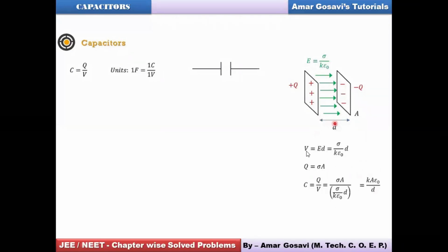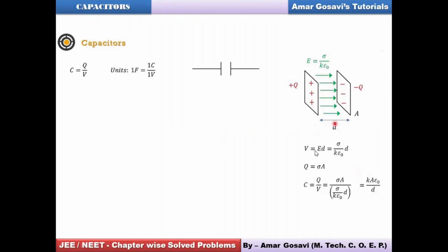There is a relation between the potential and electric intensity. We have studied that electric intensity is equal to the potential gradient. So if E is equal to V by d, V can be written as electric intensity multiplied by the distance between the two plates. We have derived this relation earlier. Now we can substitute the value of electric intensity, which is sigma upon K epsilon naught.